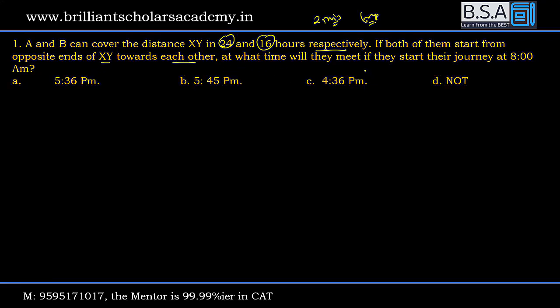At what time will they meet if they start their journey at 8 a.m.? At what time will they meet? 9.6. What is that? To convert that to the exact meeting time.